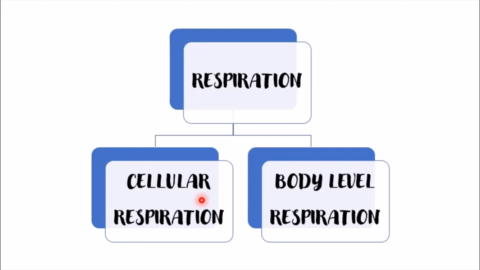Now it can be oxidized with the help of oxygen or without oxygen. In body level respiration, oxygen and carbon dioxide are exchanged between our body and our surroundings. So these are the two types of respiration: cellular respiration and body level respiration.